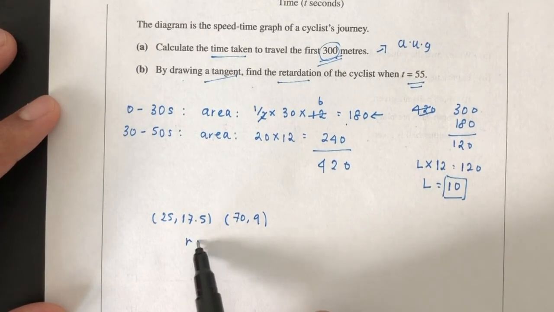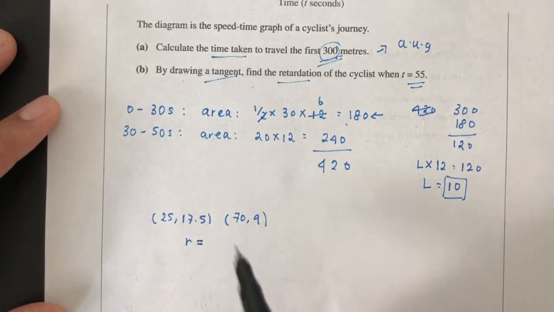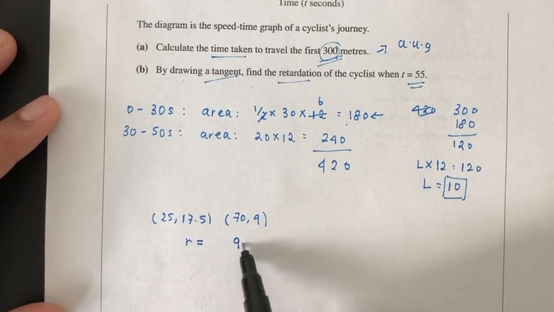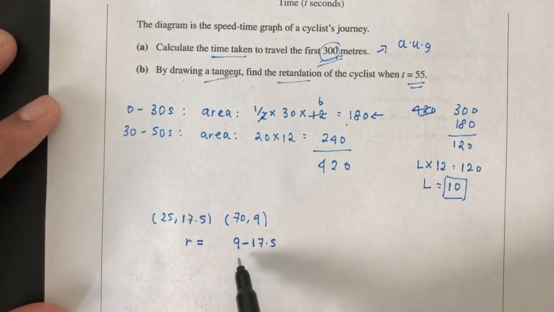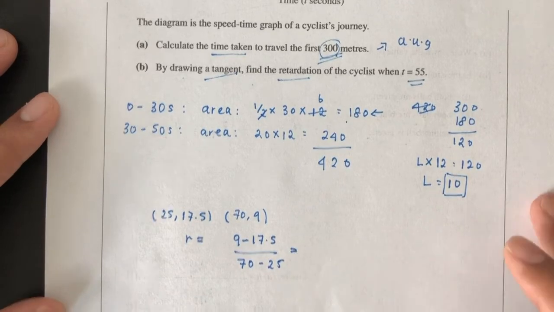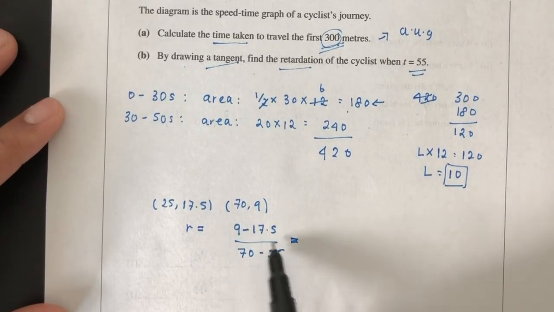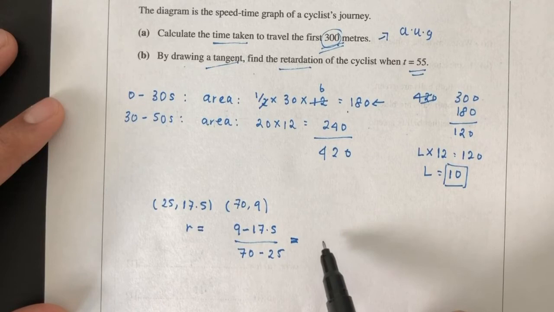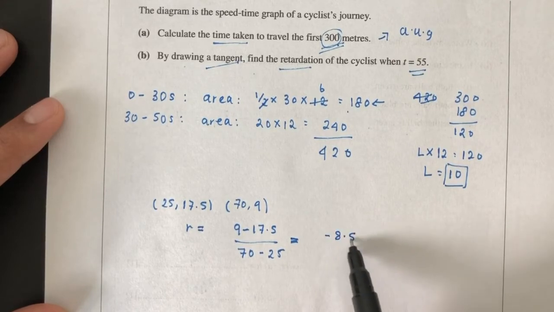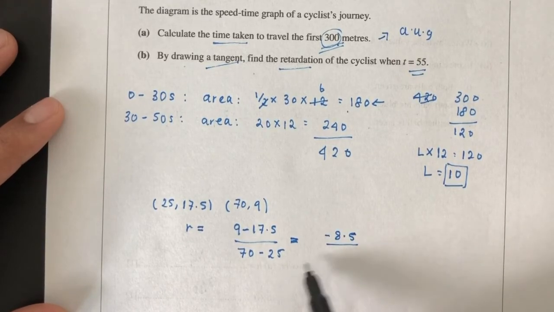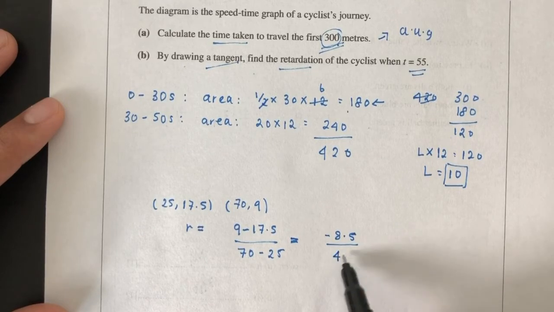So the retardation is just the gradient. So it will be 9 minus 17.5 divided by 70 minus 25. Okay, so 9 minus 17.5 will be minus 8.5 divided by 45.